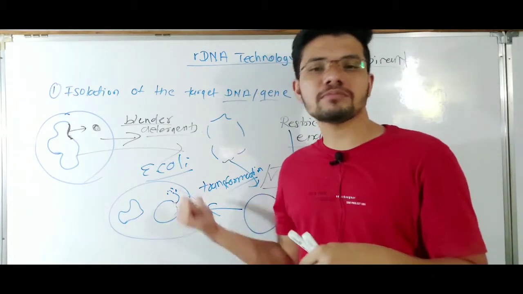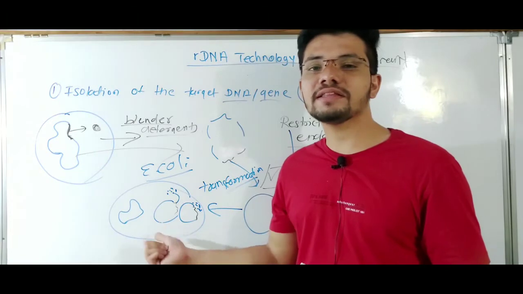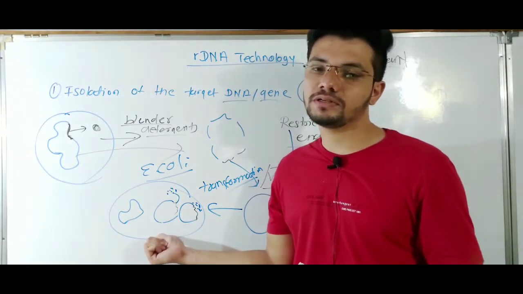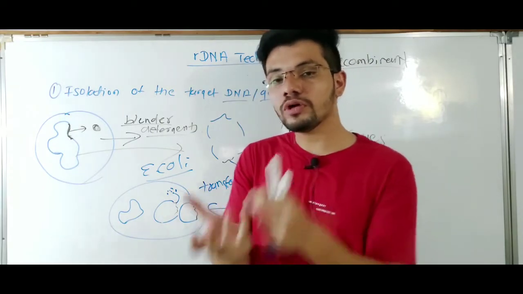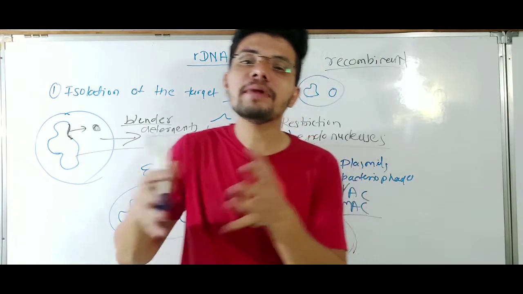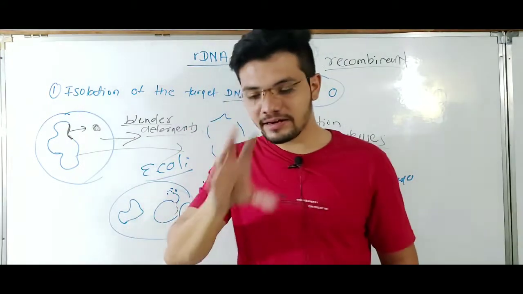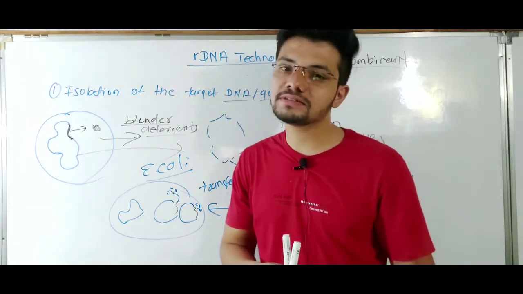With the help of gene markers, we have the ampicillin resistance gene in the bacterial plasmid. So we grow those bacteria in ampicillin-containing media, and the bacteria that grow have this ampicillin resistance gene.